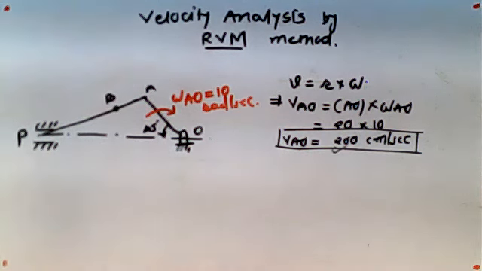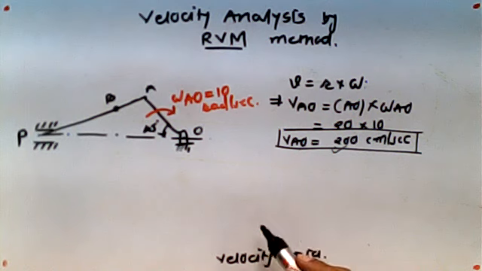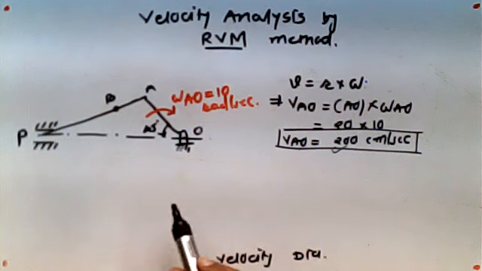Now, next thing is, let's draw a velocity diagram first of all, correct? In the velocity diagram, this is purely a graphical method. So in RVM, first of all, we'll start with the fixed point.